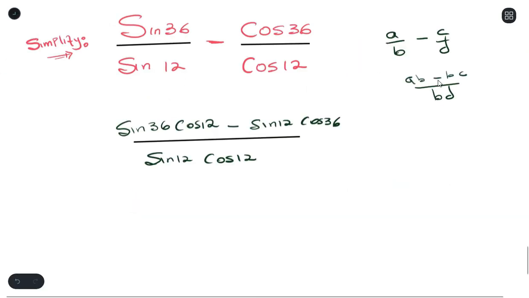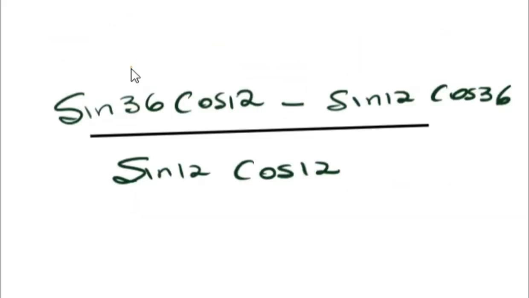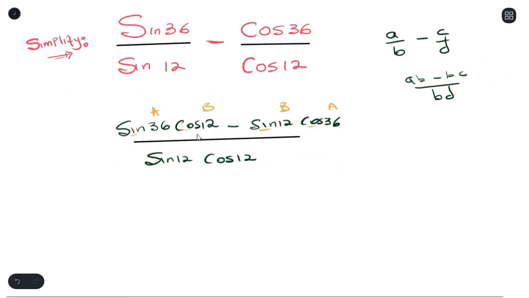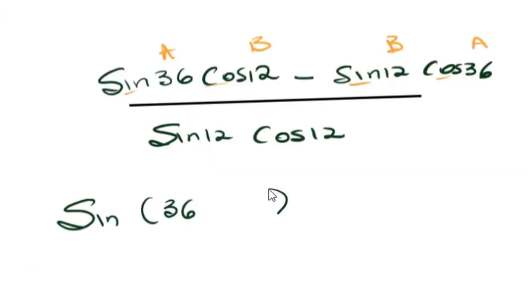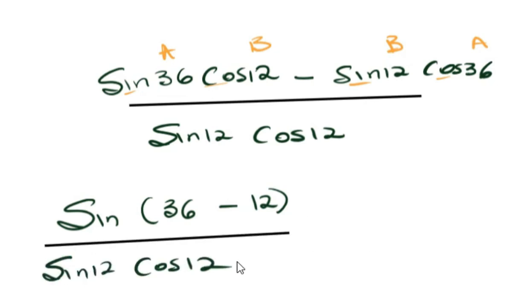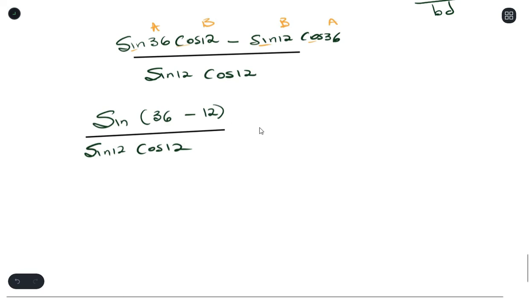Now, one thing I also notice automatically here is that this is A and that is B, and this is B and that is A. And I also see I have sine cos, sine cos. So that's definitely a compound identity that we talked about. So this would be written as sine of 36 minus 12, and because it's negative here for sine, the sign doesn't change. You have a negative over there. And that is over sine 12 cos 12. So therefore, simplifying this would give you.